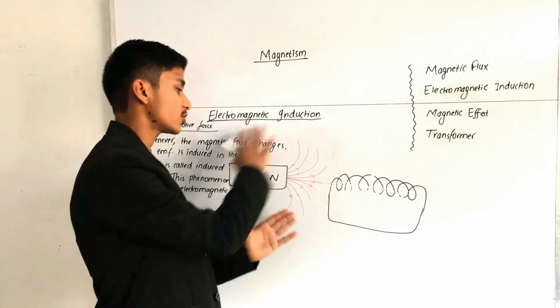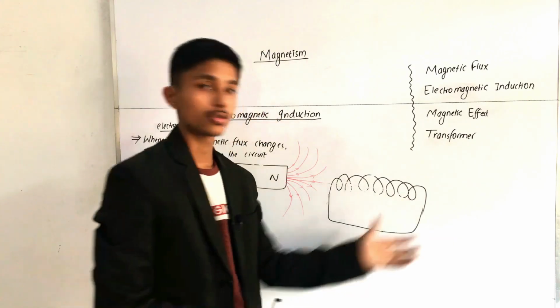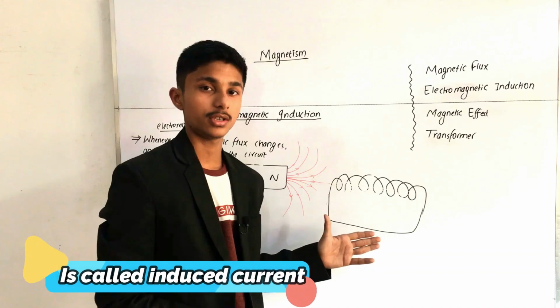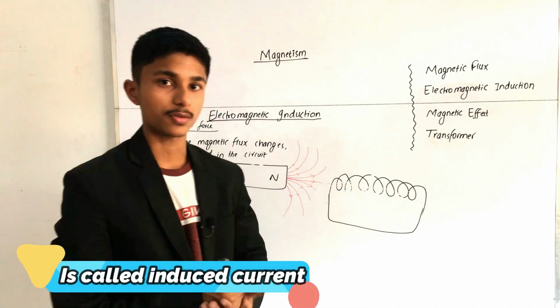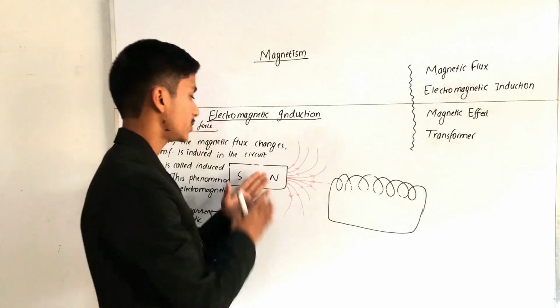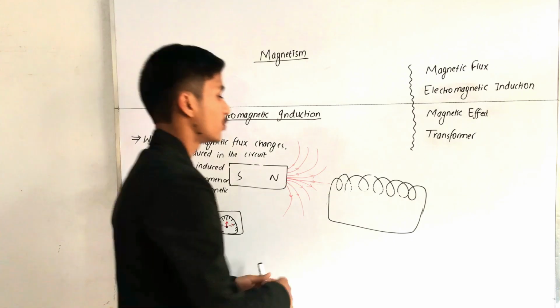And due to this electromagnetic induction, current starts flowing in this coil, and this current is called induced current. What is induced EMF?